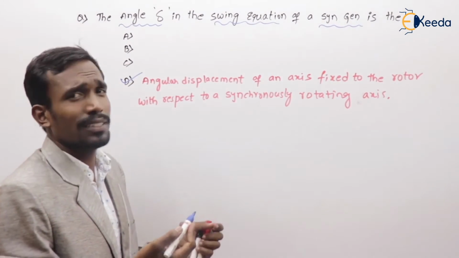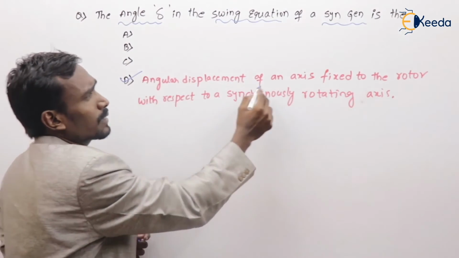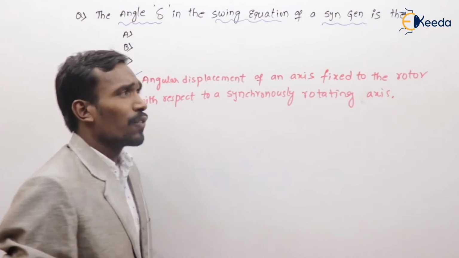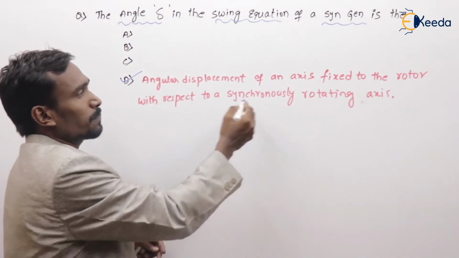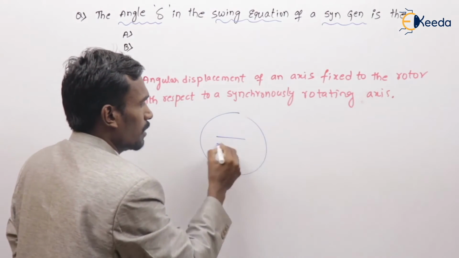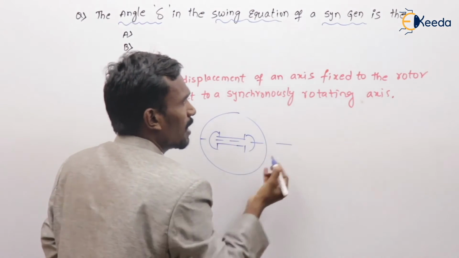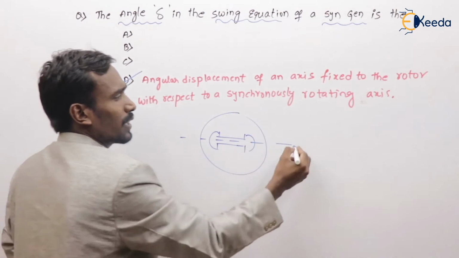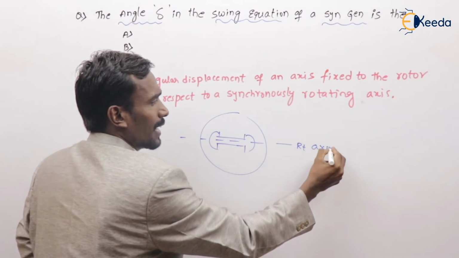Load angle delta in the synchronous generator is the angular displacement of an axis fixed to the rotor with respect to a synchronously rotating axis. How is it? For example, like this. This is the axis fixed to the rotor, the rotor axis.